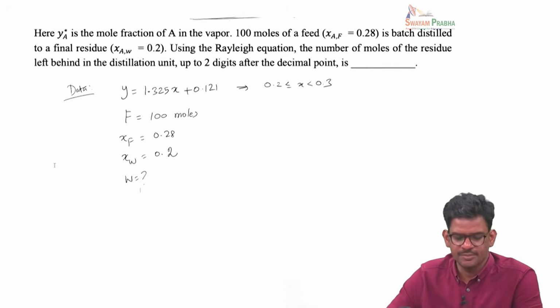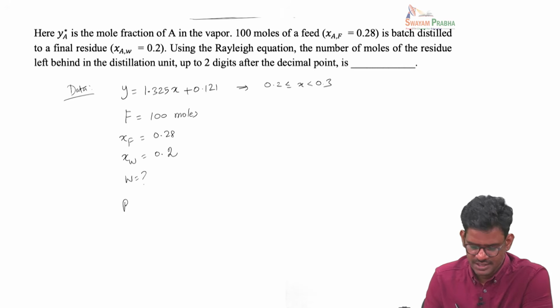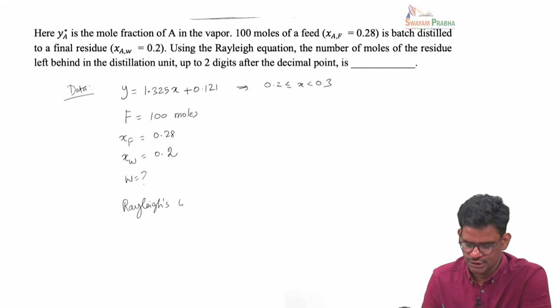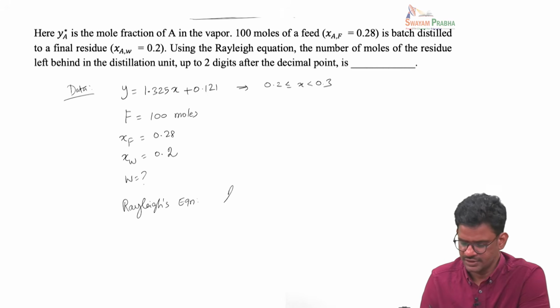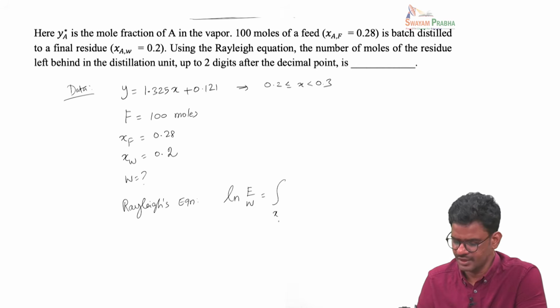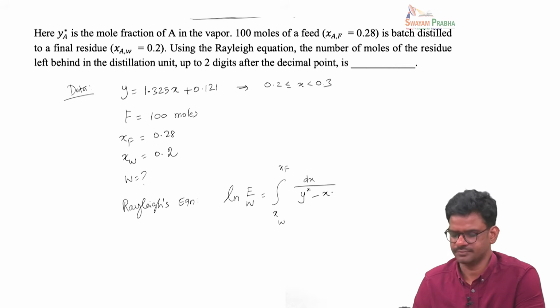So this is a direct application of Rayleigh's equation. We write the Rayleigh's equation for batch distillation, which is ln of F by W equals the integral from XW to XF of dx by y star minus x.